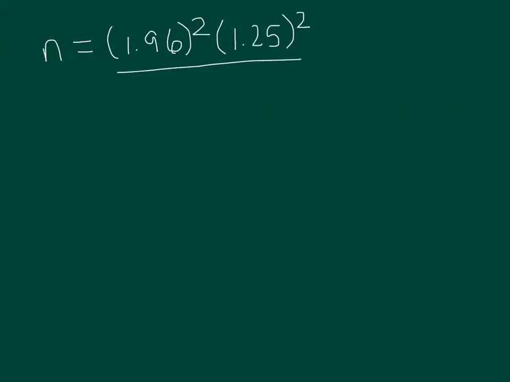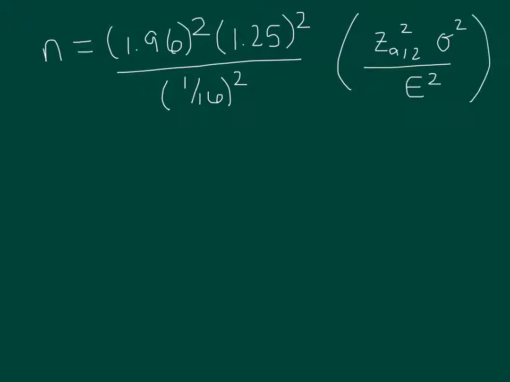All right, here we go. So we have n equal to 1.96 squared, that's z of alpha over 2, times 1.25 squared, and then we divide that by our e squared, which is 1 over 16 squared. That's the formula: z of alpha over 2 squared, sigma squared, over e squared.